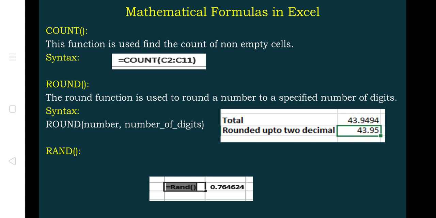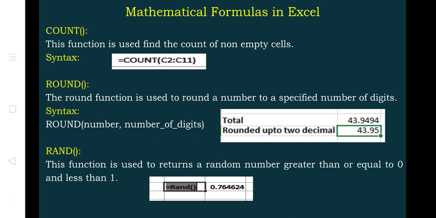Next is the RAND function. This is the random number generation function. It gives different types of random numbers in many different ways. In this simple example, RAND with empty brackets returns a random number that is greater than or equal to 0 and less than 1, meaning between 0 and 1, any floating point value with a decimal point.